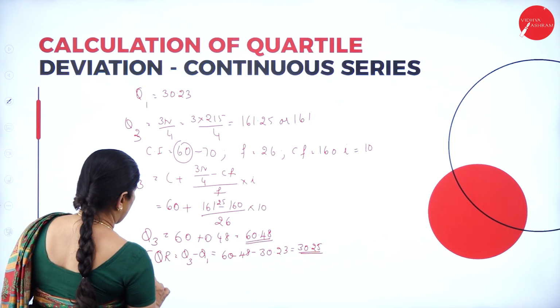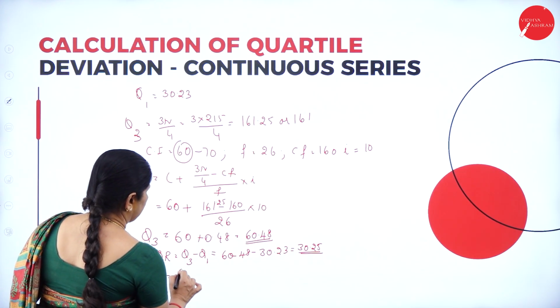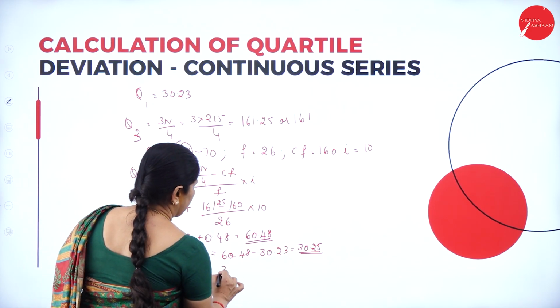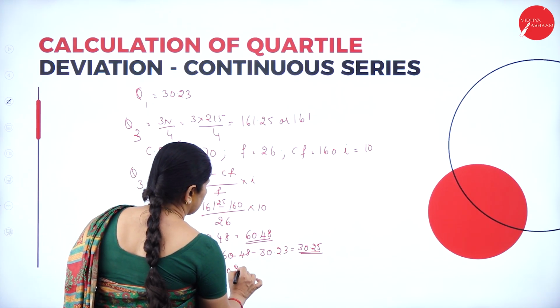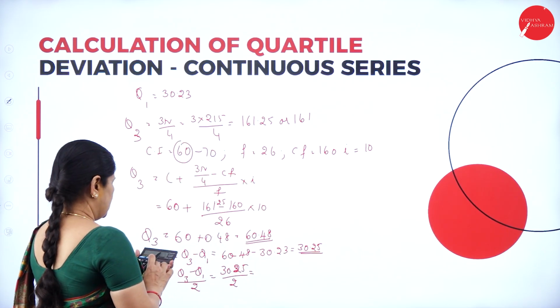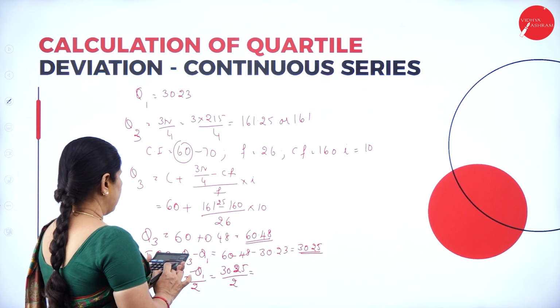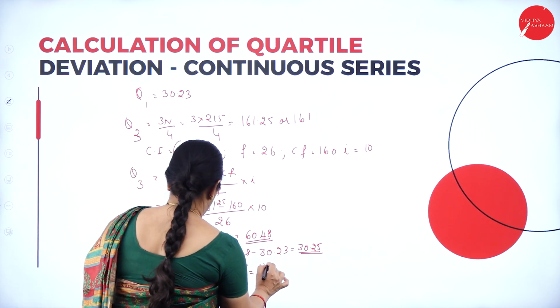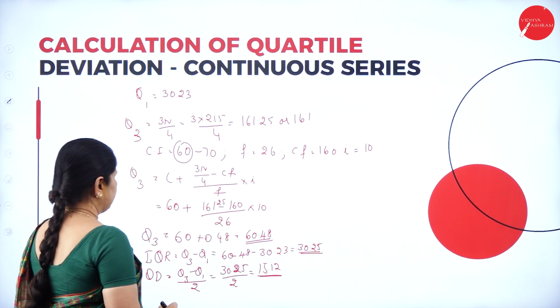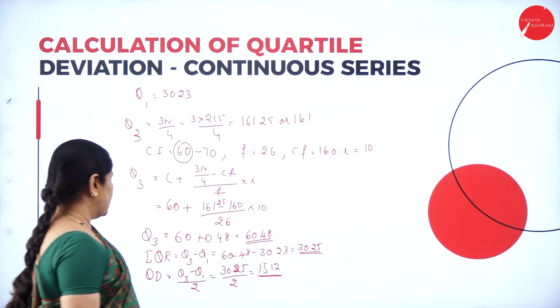Then we also have the QD, which will be equal to Q3 minus Q1 divided by 2. 30.25 divided by 2 equals 15.12. So quartile deviation is 15.12.